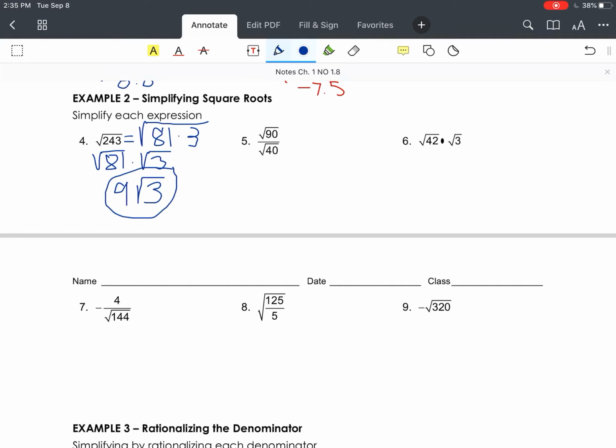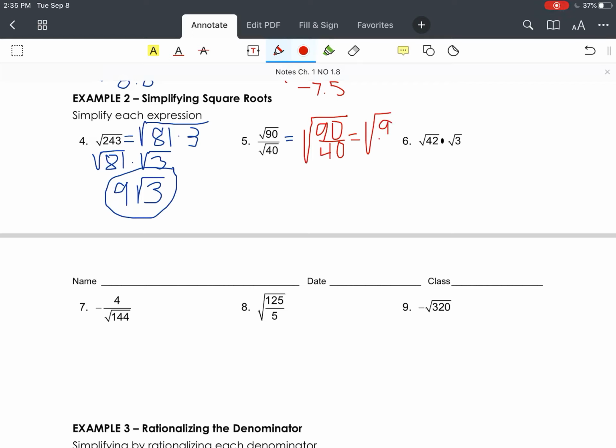Number 5, we have a fraction here, root 90 over root 40. Neither 90 nor 40 are perfect squares. Because they're both bigger numbers, I think it's going to be easier if I put them back together again into one fraction using the quotient property. So I'm going to do 90 divided by 40 all in the same square root.